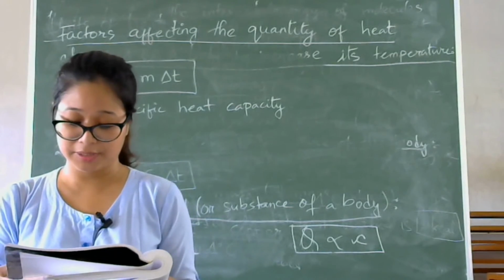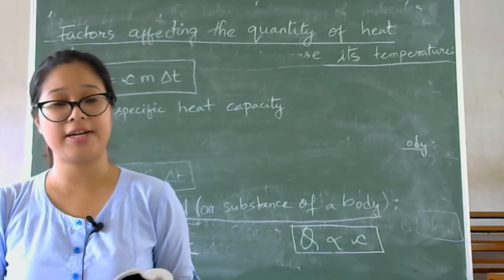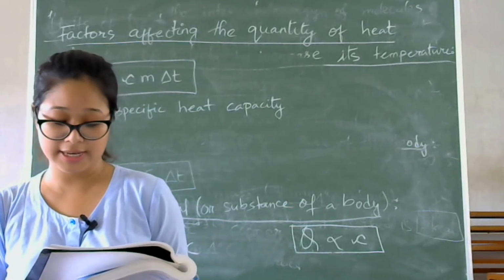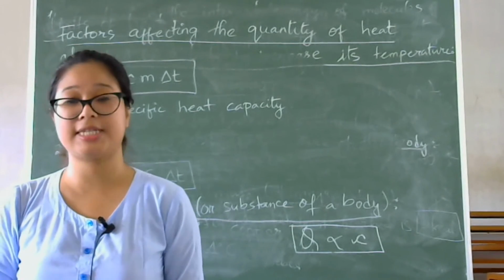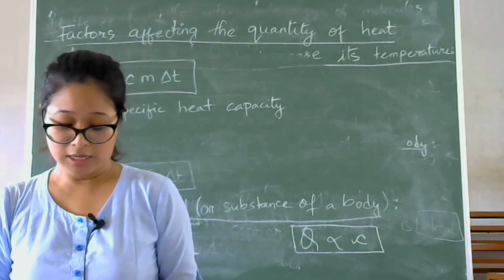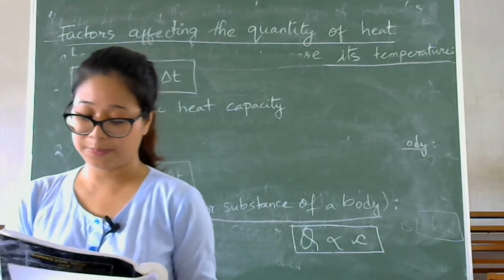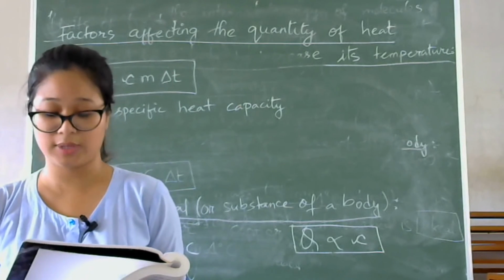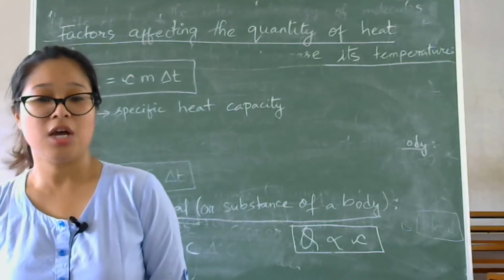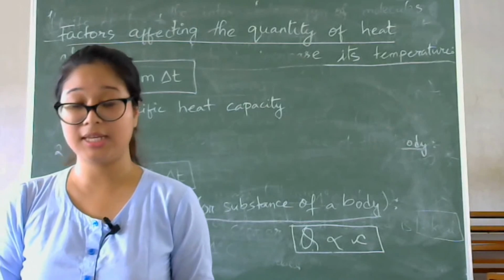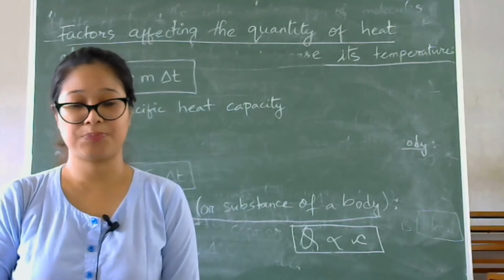And in temperature, when two bodies at different temperatures are kept in contact, the resultant temperature is a temperature in between the two temperatures. So these are the differences between heat and temperature.